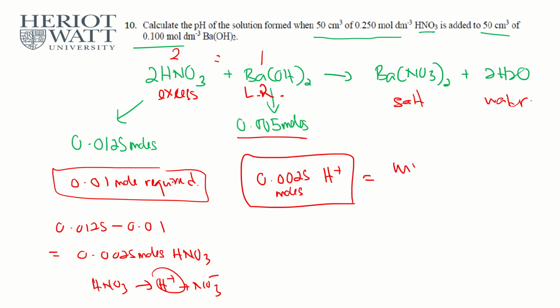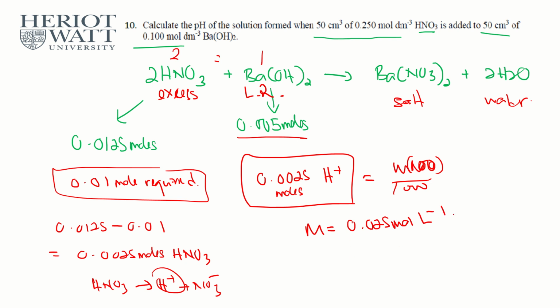Mole equals MV over 1000 to get the concentration before we can calculate the pH. Therefore, 0.0025 times 1000 over the volume. What is the volume? 50 plus 50, you get 100. So divide by 100. Then we get the M, which is the concentration of H plus, equal to 0.025 mole per liter.